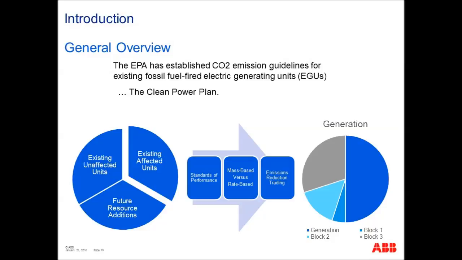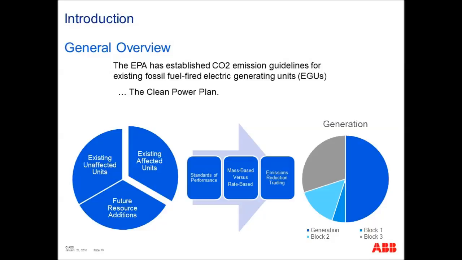There is a class of unaffected units, which are small combined cycle, small CTs, steam host providers. And in future resource additions, we really haven't seen coal being seriously considered for future resources in the last 10 years. So we're only looking at the existing affected units, and those are the typical coal plants and also the natural gas combined cycle plants.